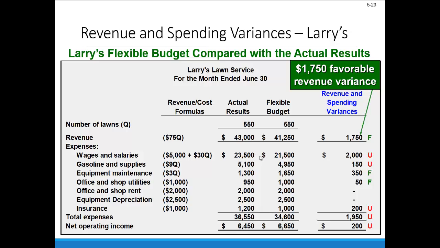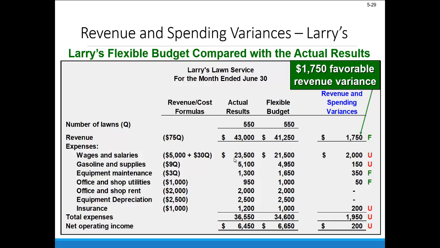Maybe in Larry's case, he gave a raise to the helper he has that's part of this variable portion of the wages. Maybe he himself took a bigger salary draw, greater than this $5,000. Again, we don't have that information for this example, but we do know this speaks more to his controlling of costs than those activity variances did. Saying this is a difference driven by something other than a change in activity.